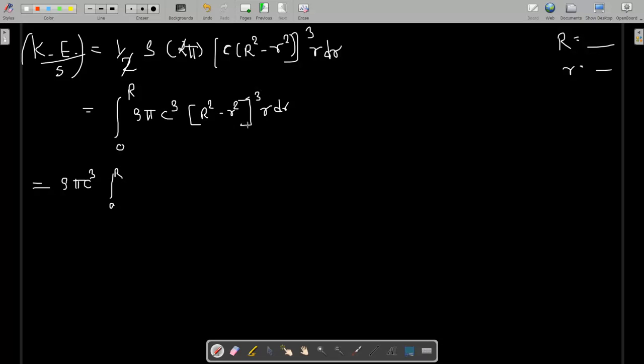This is (R - r) whole cube, so I can write R cube... whole cube, that means capital R raised to power 6 minus small r raised to power 6 minus, a minus b whole cube is a cube minus b cube minus 3ab into (a minus b). Okay, so a minus b, and here one more r.